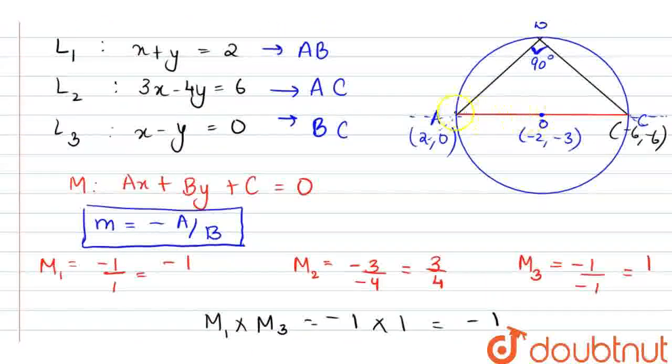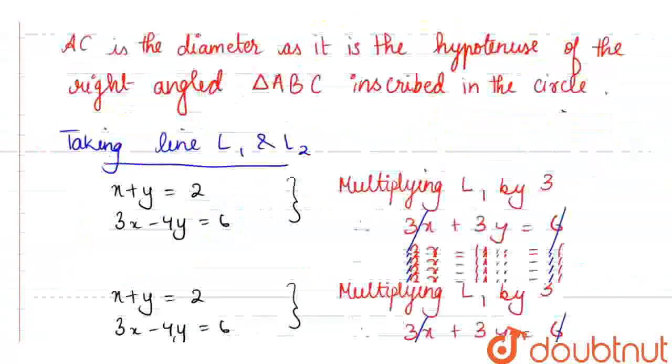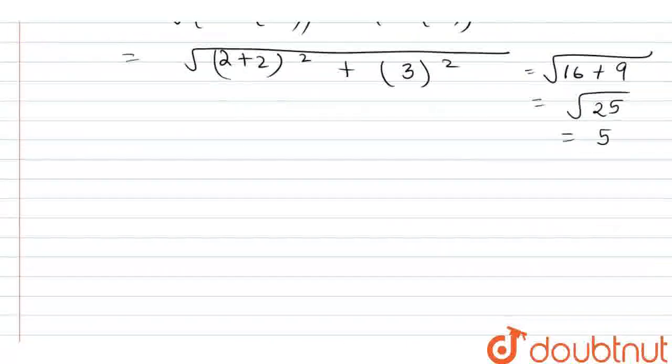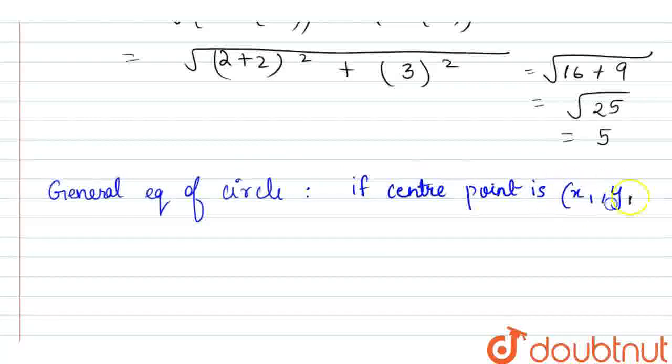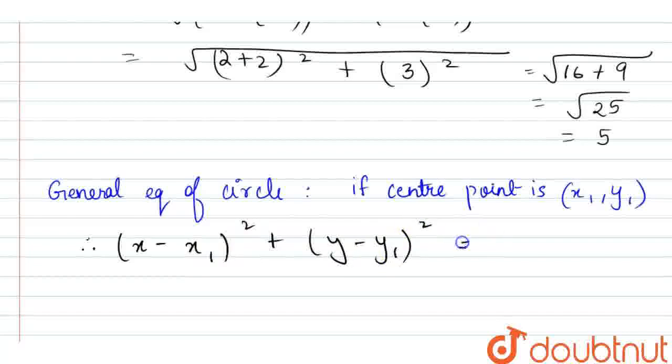So now we can calculate the equation of the circle. The general equation of the circle, if the center point has coordinates x1, y1, becomes x minus x1 the whole square plus y minus y1 the whole square is equal to radius the whole square.